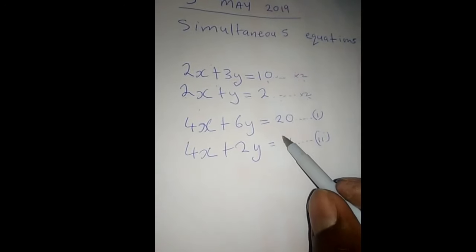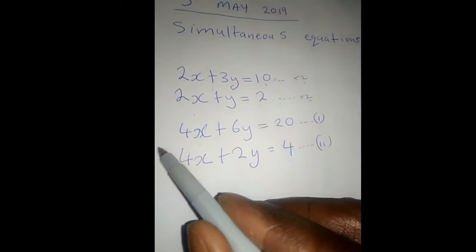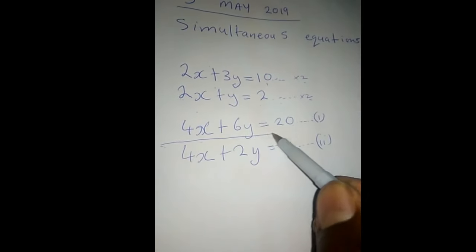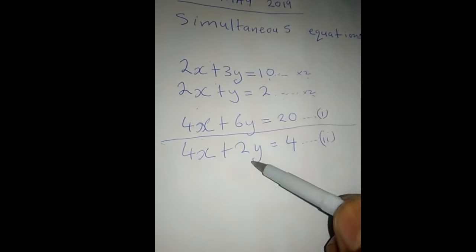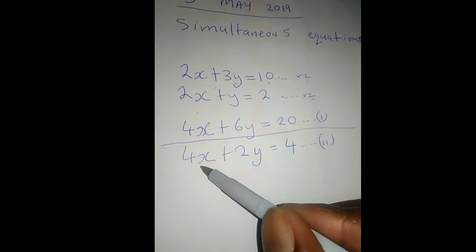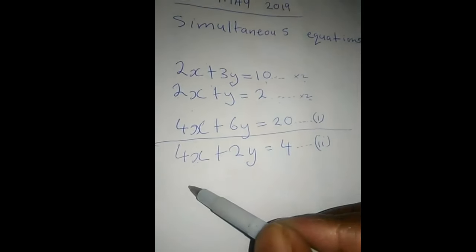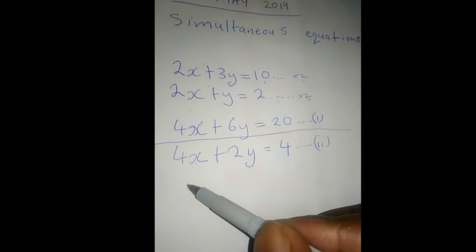Now at this stage, what we are going to do is put a subtraction sign, because I want to eliminate x. So 4x minus 4x is 0, so we will not write anything.